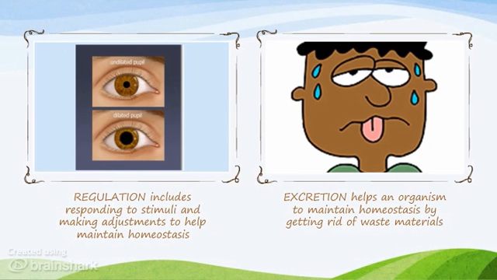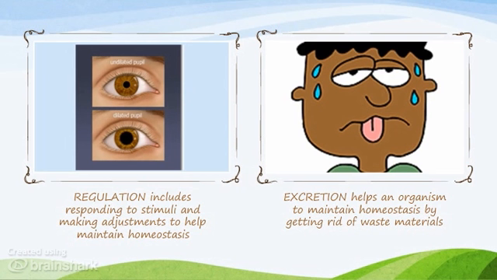So your body uses regulation to respond to stimuli, as well as to make adjustments to help maintain homeostasis. For example, excreting waste is an adjustment to help maintain homeostasis. Excretion gets rid of waste materials in your body and helps you to regulate your body's temperature.